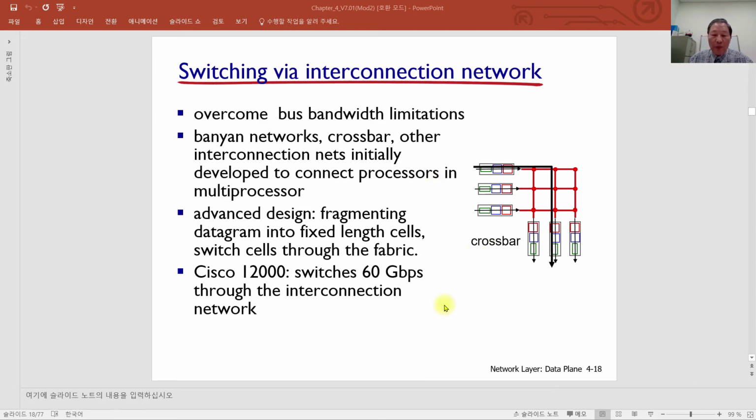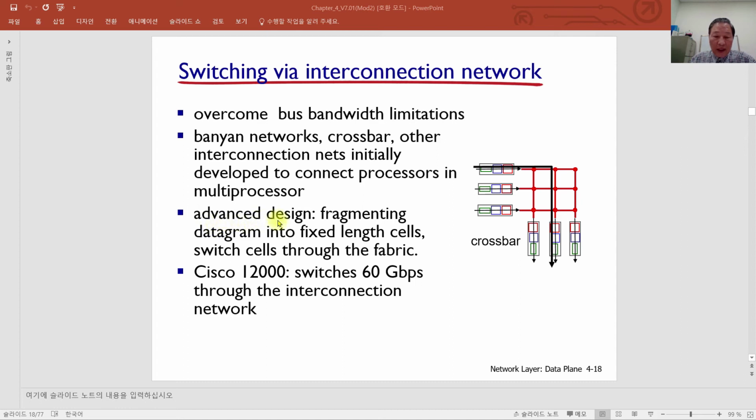A long time ago, multiprocessing architectures used this kind of crossbar interconnection architecture. That is called multiprocessor architecture in computer architecture. But that concept is used in our network router architecture.